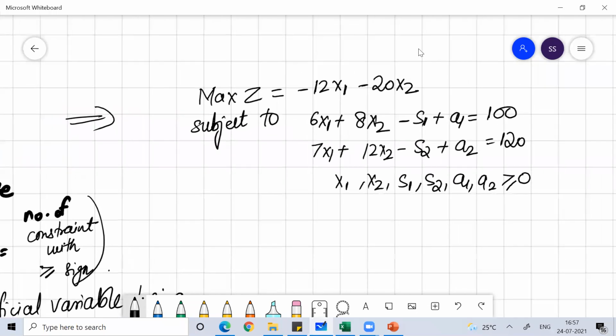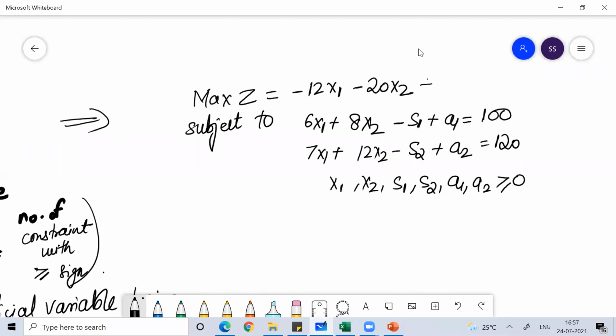And then you can write the objective as plus 0 s1 plus 0 s2 minus M a1 minus M a2.